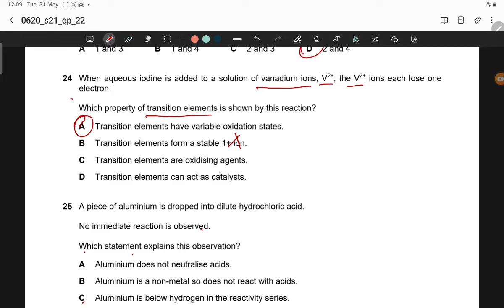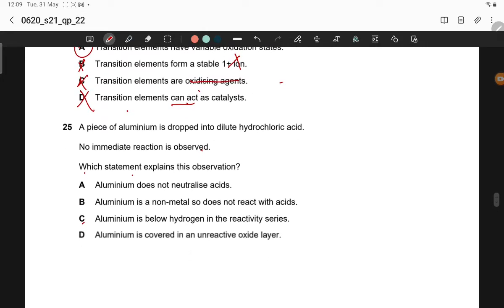Transition elements are not only oxidizing or reducing agents. Sometimes oxidizing, sometimes reducing. It depends on the reaction with other reactants. So it is also incorrect. Transition elements can act, not can act, always act as a catalyst. So this is also incorrect. So for 24, the best option is A.